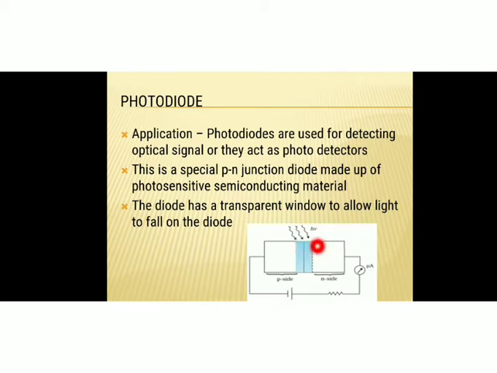It consists of a transparent window, fixed there so as to allow the light to fall on the diode. The most important thing is that the photodiode operates under reverse bias. It's very, very important.